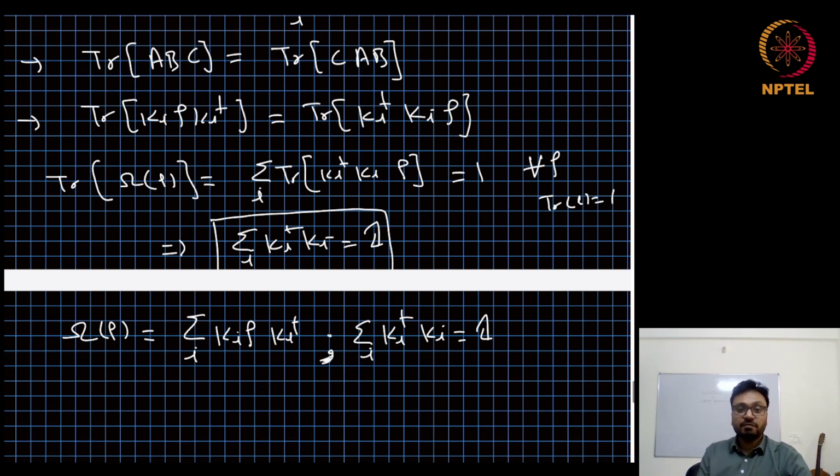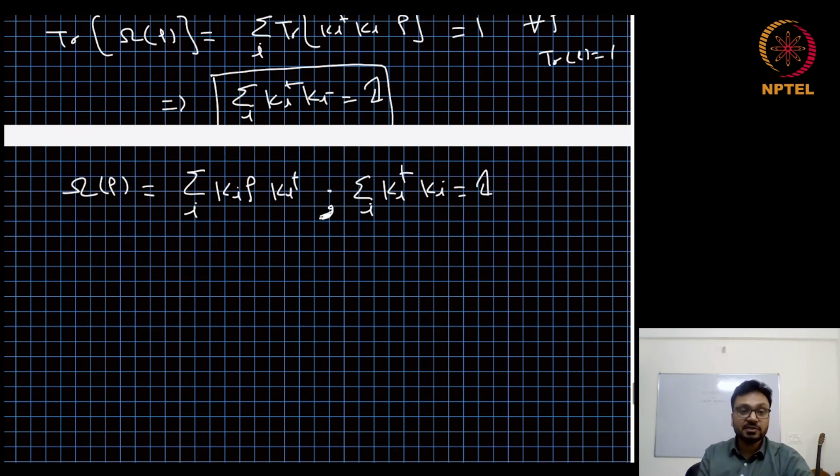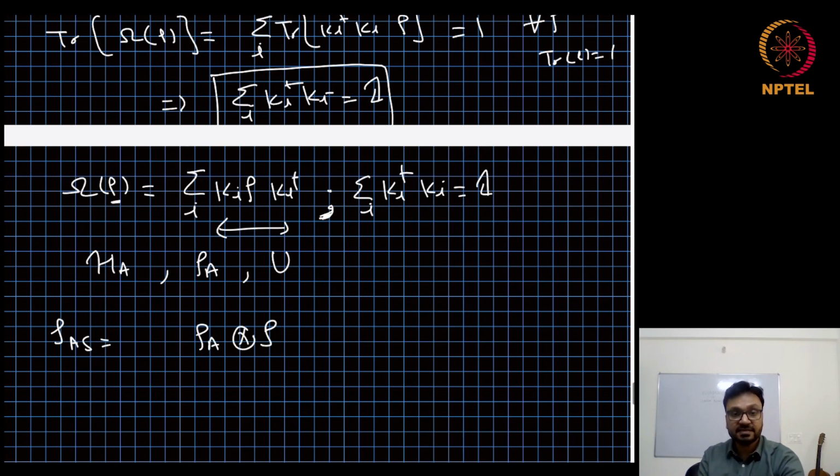Now we have to find a unitary process. In order to show that this completely positive map can be achieved, that it represents a physical process, we need to find an ancilla with Hilbert space HA, an initial state rho A of the ancilla, and a unitary operator U, such that the action of U on rho A tensor rho and then tracing out the ancilla gives us the completely positive map. So the initial state, let us say rho AS, is rho A tensor rho, where rho is the state we are interested in.